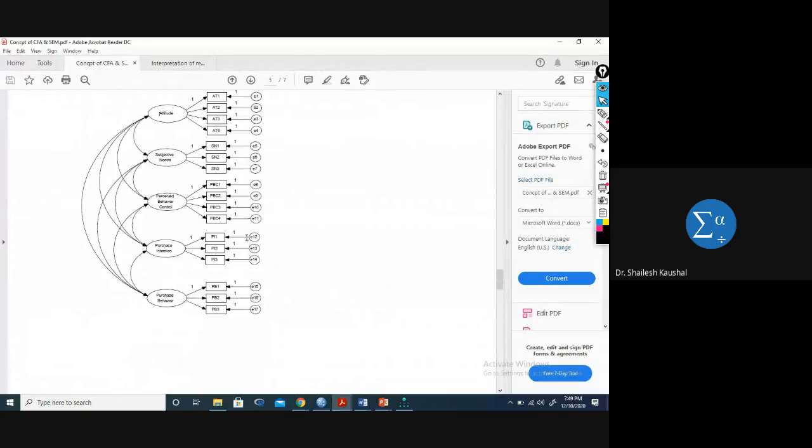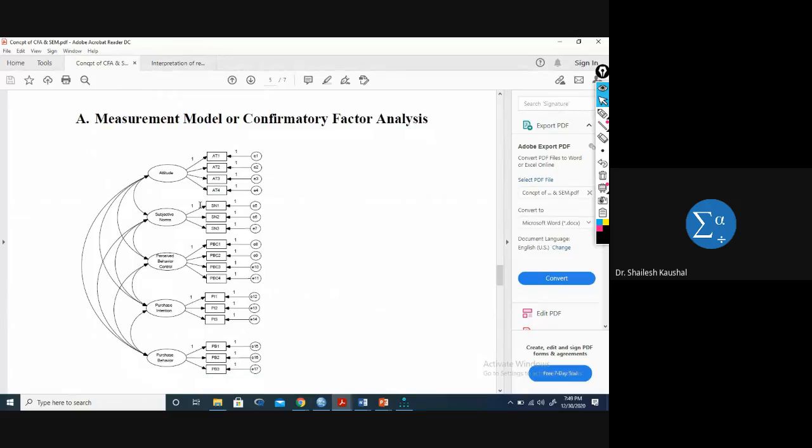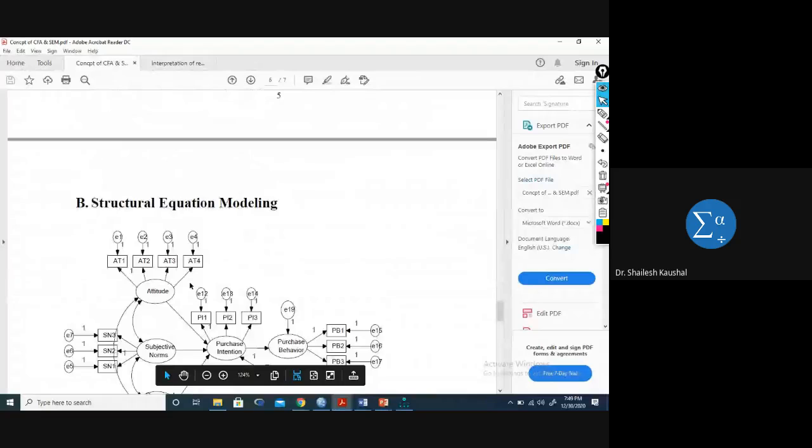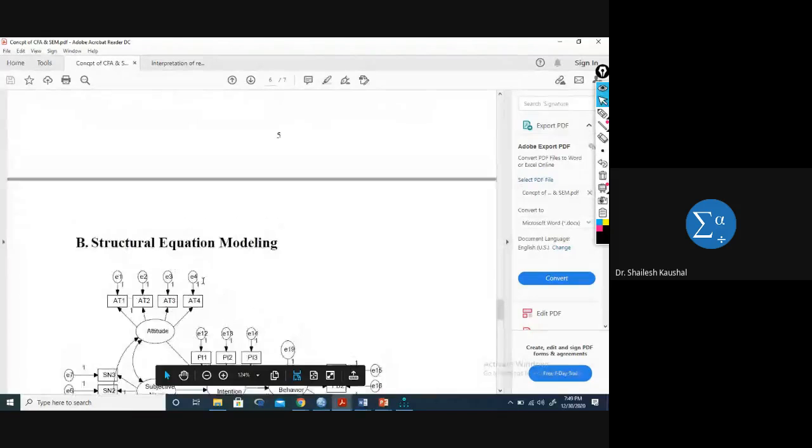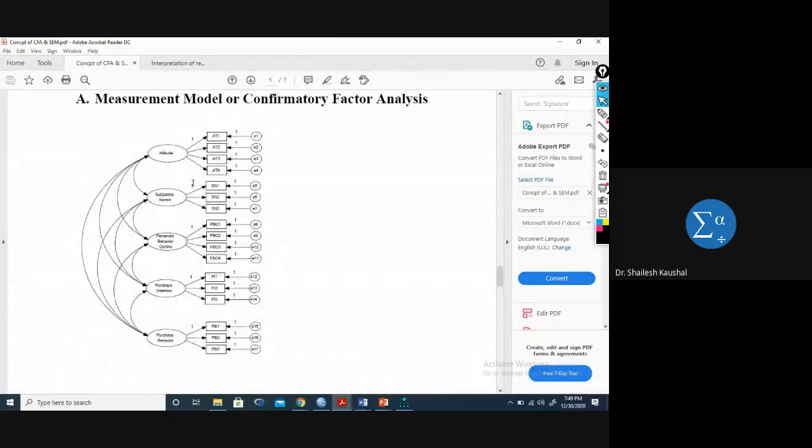In the CFA or measurement model, all the constructs are treated as exogenous constructs. When we specify, we find which one is the independent variable and which one is the dependent. Here, independent or dependent means which one is an exogenous construct and which one is an endogenous construct.